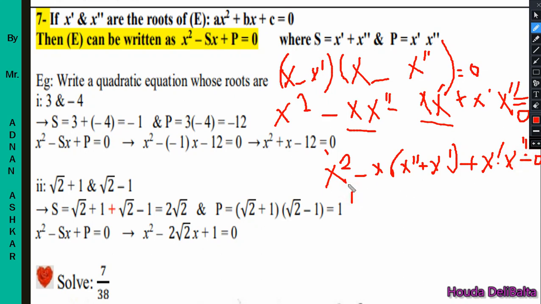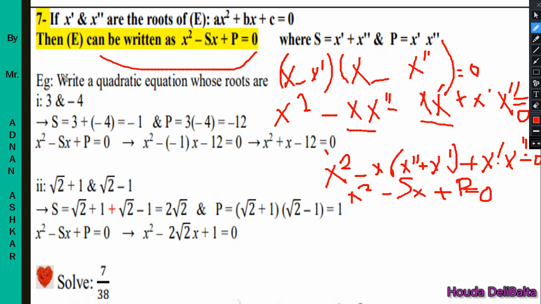And thus x squared, for the variable x, minus, you notice, x prime plus x double prime, or x double prime plus x prime, is definitely s, so minus sx plus p equals 0. And this is where the rule comes from. So we are going to use this rule in order to form quadratic equations in order to calculate the roots.